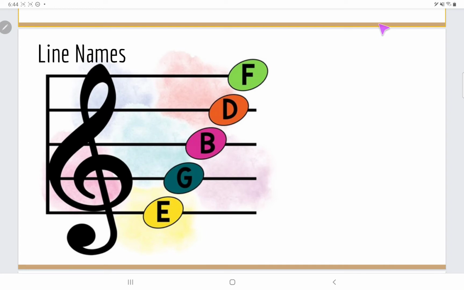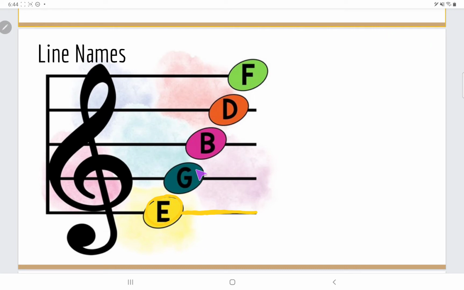Our first name is E down here. See how it's sitting in the middle of this line? The middle of this note is sitting on that very first line. So our first line, that name is E.